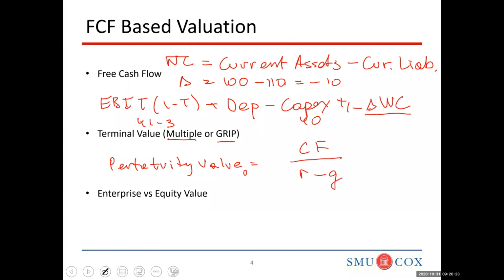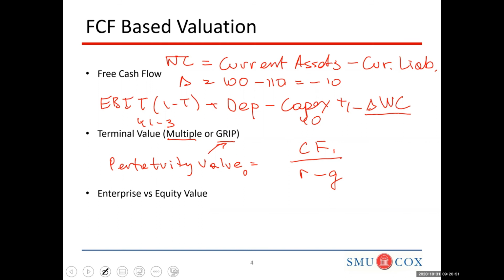And again, there's always a lag. So whenever you're calculating your perpetuity value, you have to take cash flow for the next year, right? So perpetuity value is at time 0, cash flow has to be at time 1. So that's this GRIP approach. That's the one I'll use today, but you could also use multiple approach.